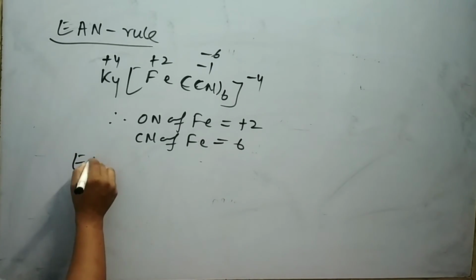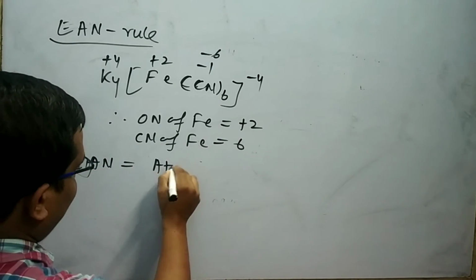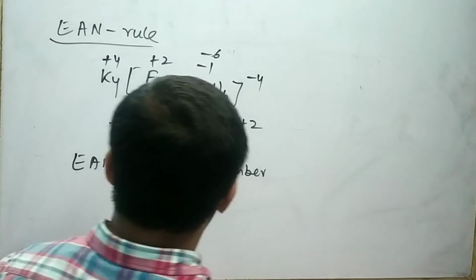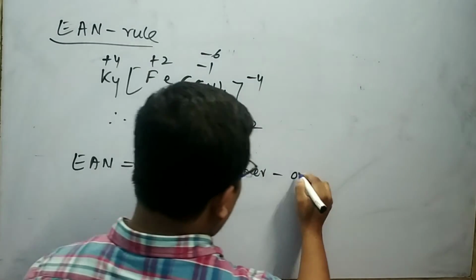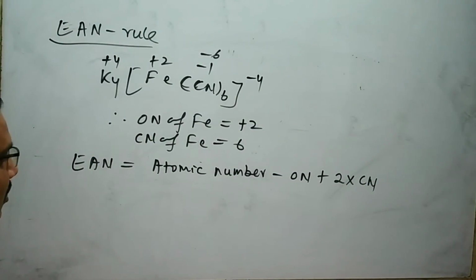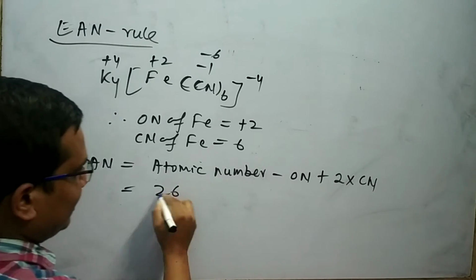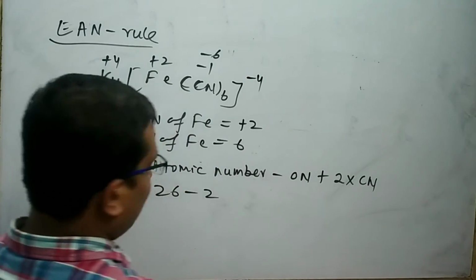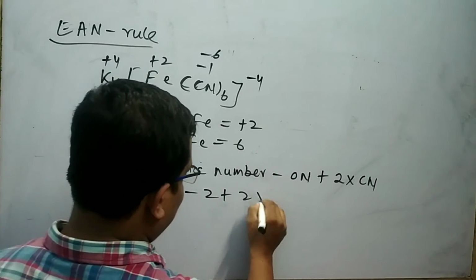Mathematically, effective atomic number equals atomic number of the central metal atom or ion minus oxidation number plus 2 into coordination number. Atomic number of iron is 26. Oxidation number of iron is 2. Coordination number of iron is 6.